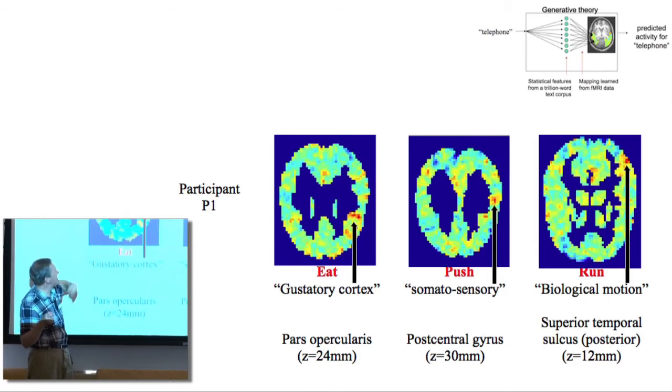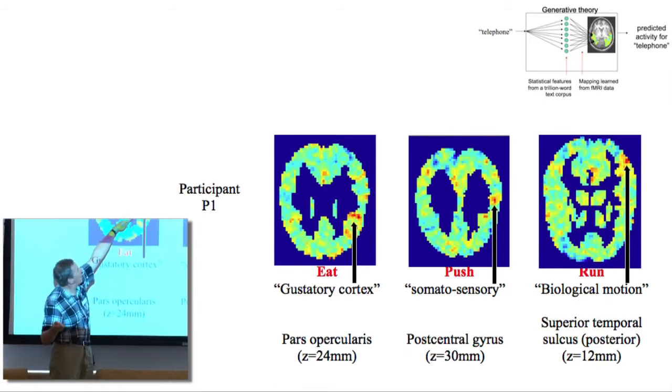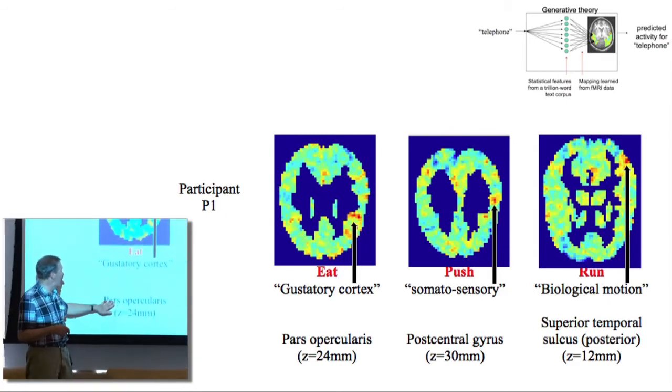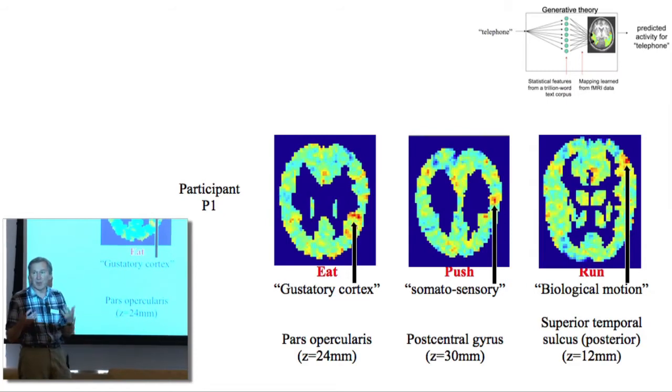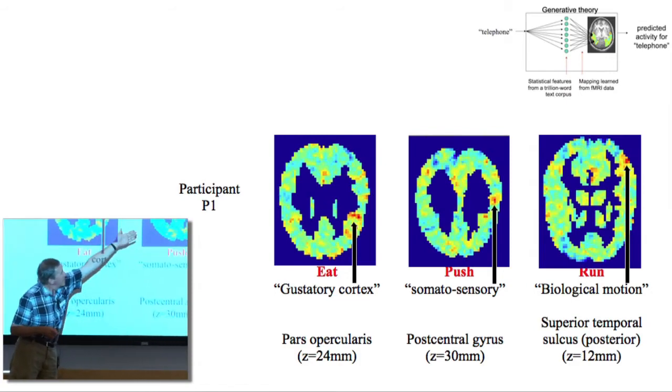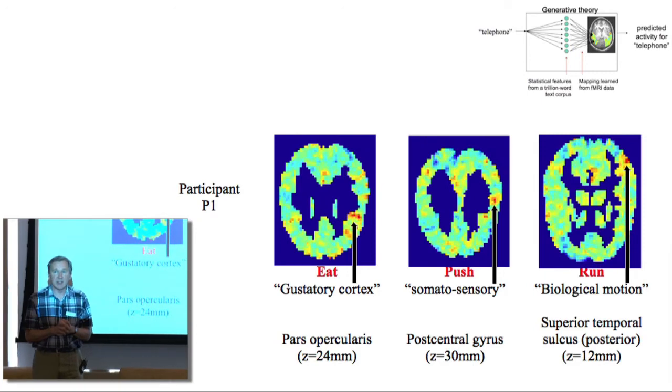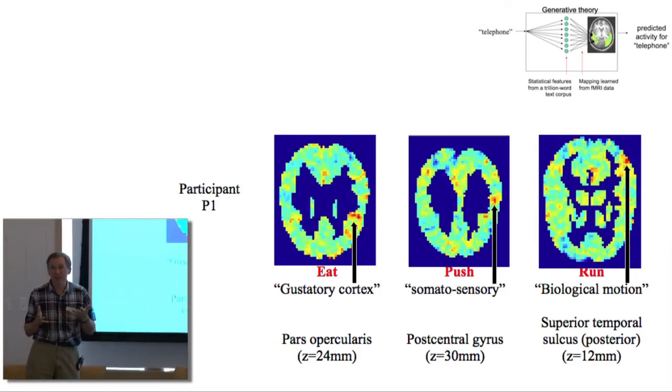And so what this is telling us is if we have a noun that occurs a lot with the verb eat, we'll see a lot of activation here, which some people have previously referred to as gustatory cortex. It's involved in the sense of taste. Another verb, push, gives us a burst of activation in somatosensory regions.